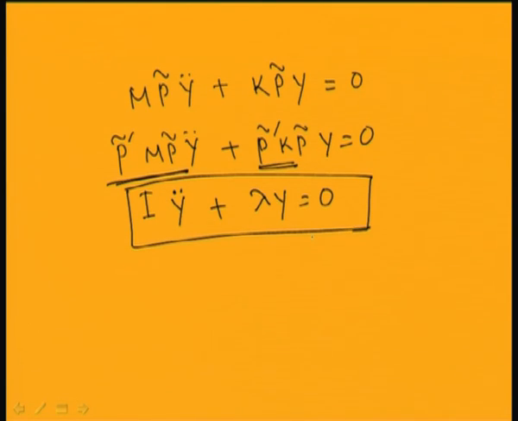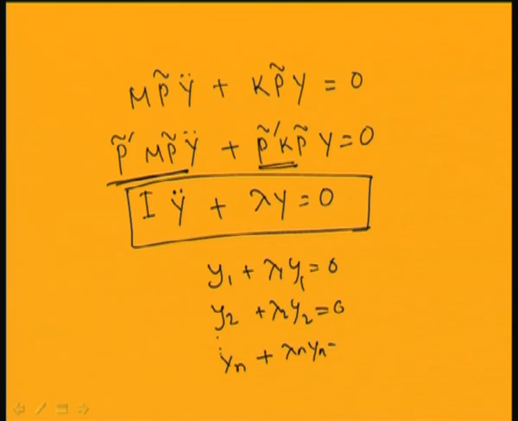So directly you are getting this equation in the form y1 double dot plus lambda 1 y1 equal to 0, y2 double dot plus lambda 2 y2 equal to 0, and similarly for the nth mode, yn double dot plus lambda n yn equal to 0.